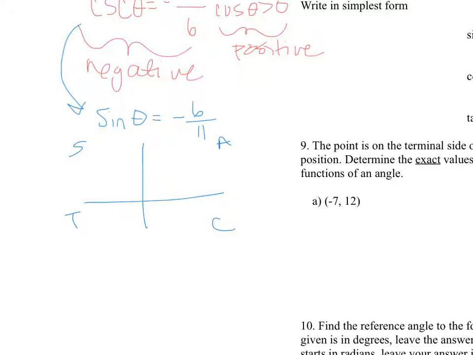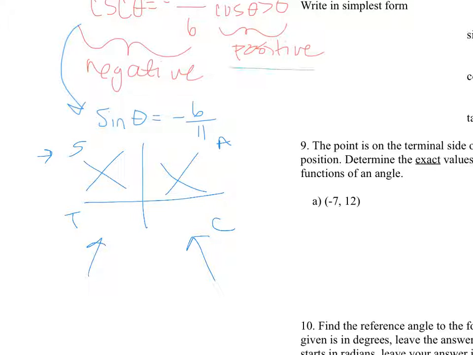If we know all students take calc, we know that all are positive in first quadrant, and if this is a negative, we got to cross it off. Okay, in the next quadrant, sine and cosecant are positive, so it can't be here if sine is negative. That means that we are in quadrant 3 or quadrant 4. So now we use the second restriction to decide which between 3 and 4 it's in.